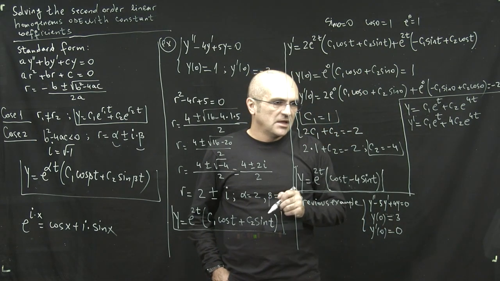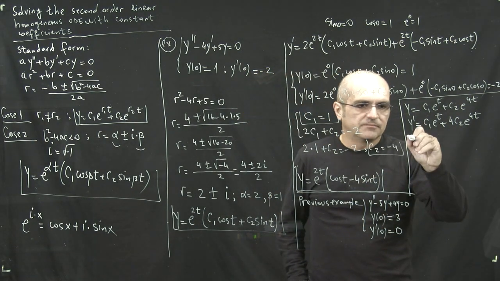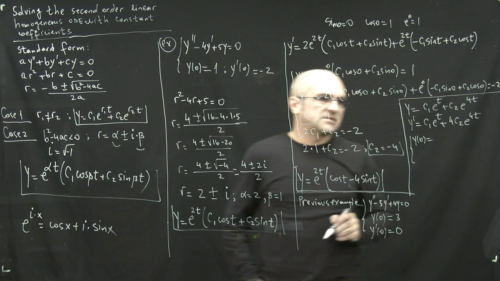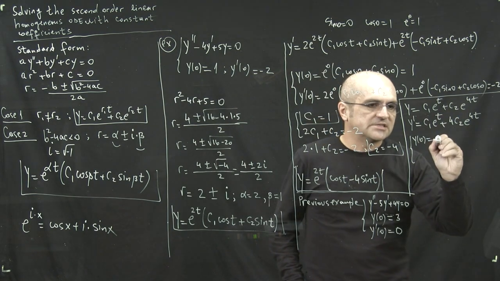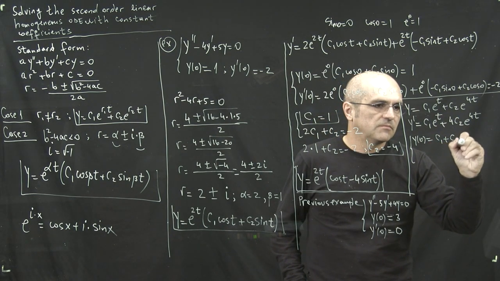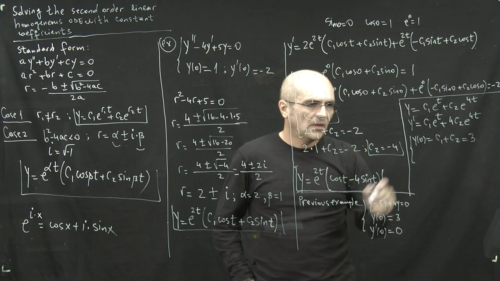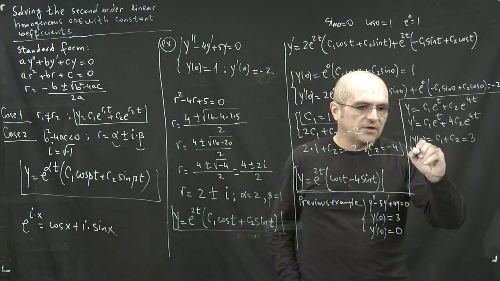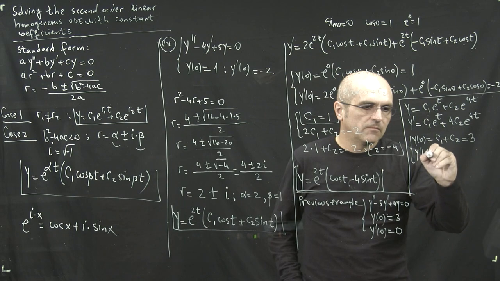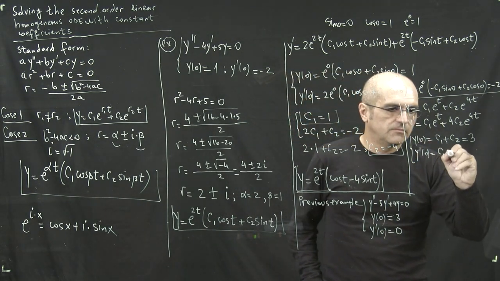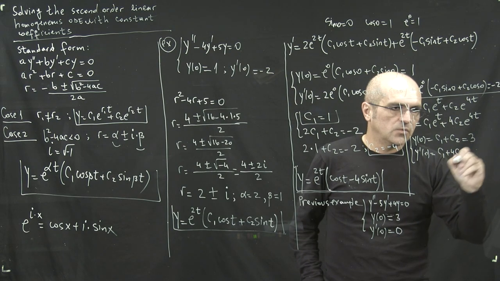All right. And now we plug in 0 for t. So y of 0 becomes, well, e to the 0 is 1, so that's just C1 plus C2, and that should be equal to 3. And y prime of 0 is C1 plus 4C2, which is equal to 0.